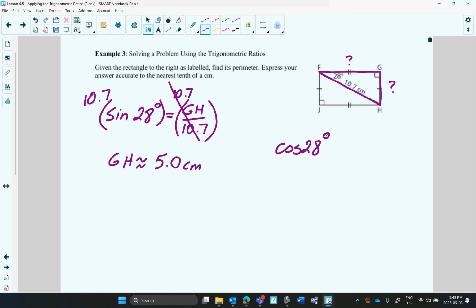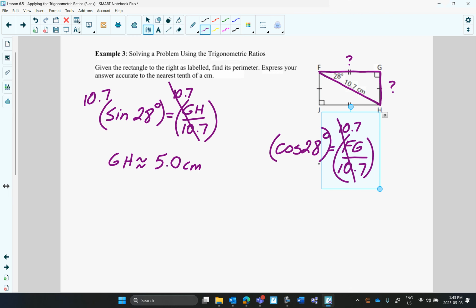So cos 28 degrees equals FG over 10.7. Multiply both sides by 10.7. So therefore, FG is going to be whatever the answer to 10.7 times cos 28 is. 9.4.